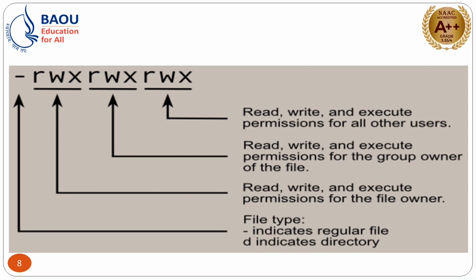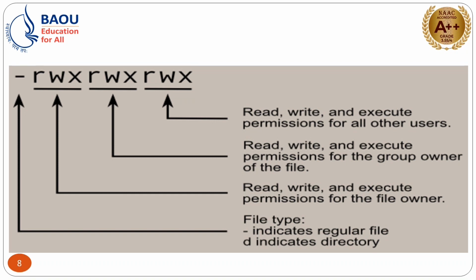Then the first 3 letters RWX represent the owner. The next 3 letters RWX represent the group, and the last 3 letters represent the others. With the help of this figure, what can you understand? The file name you have mentioned is a regular file. The first 3 letters RWX mean the owner has 3 rights: he or she can read, write and execute.